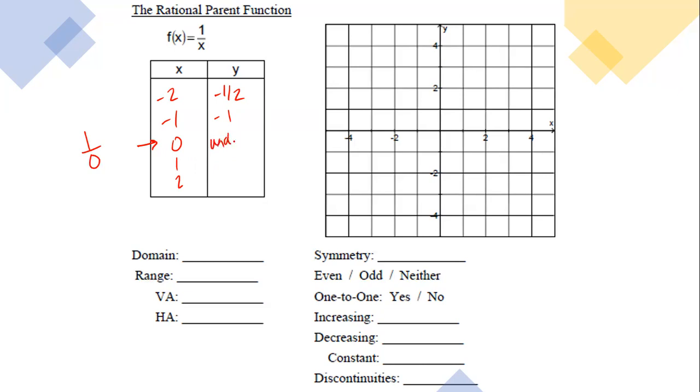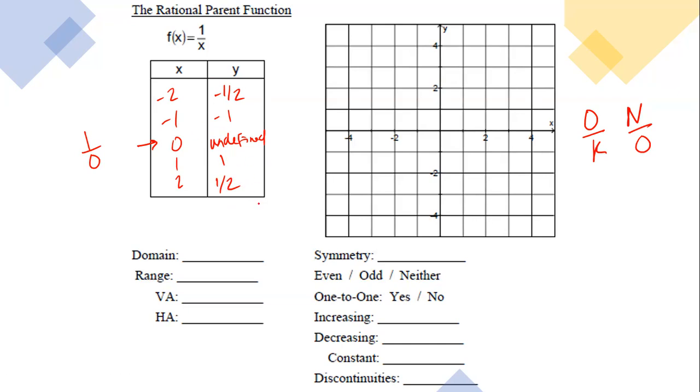It is undefined. Do you remember that? If not, remember it is okay for 0 in the numerator, but it is no-go for 0 in the denominator. Now we have 1 over 1, which is 1, and 1 over 2, which is 1/2.